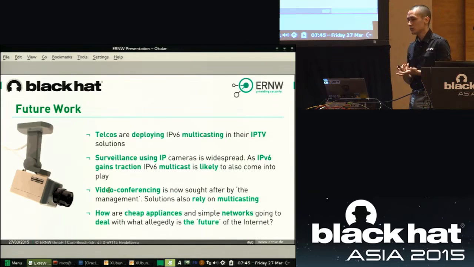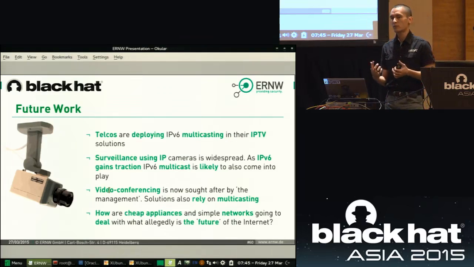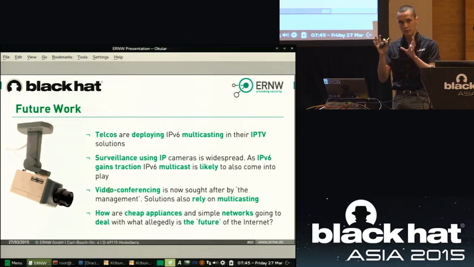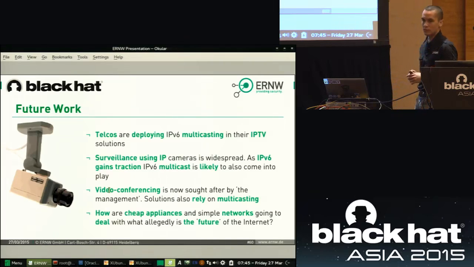So the community itself should definitely have a look at them. Not only MLD, which is only for the local link and perhaps from the attacker's perspective a rather boring protocol. But there are really interesting features hiding behind the label multicast, and it's definitely worth looking at.